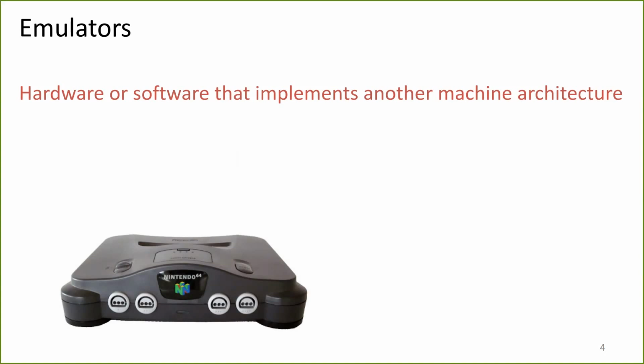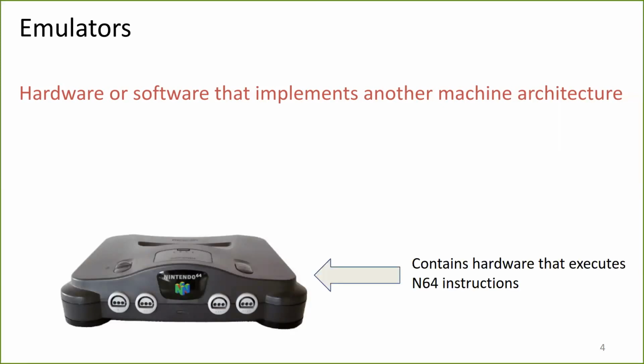So the N64 is a video game console that was released in 1996, and it contains a processor so that it can play games. Specifically, it contains hardware that can execute instructions from the N64's instruction set. The possible instructions it could execute were different from our now familiar x86 instructions.